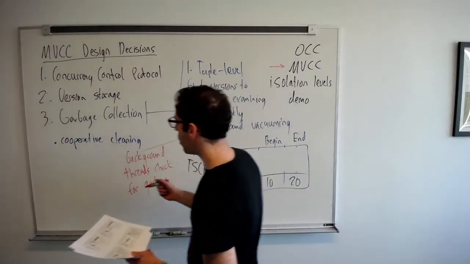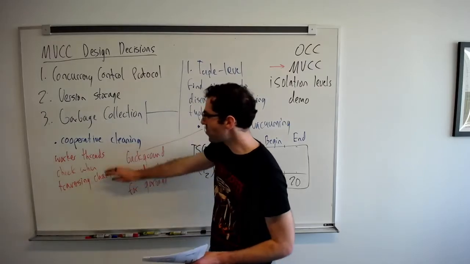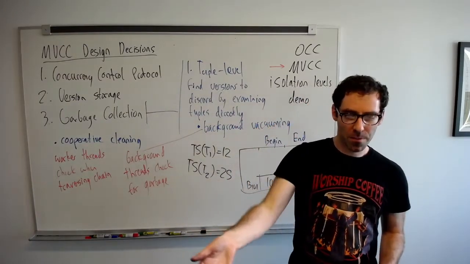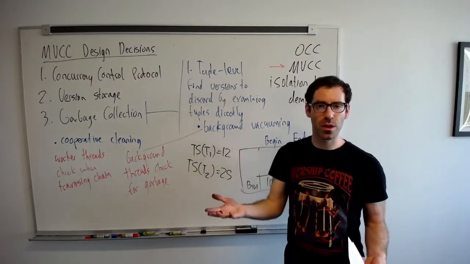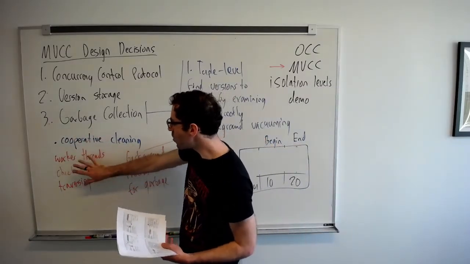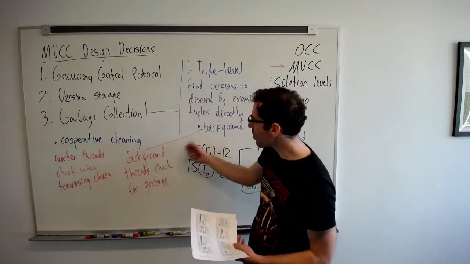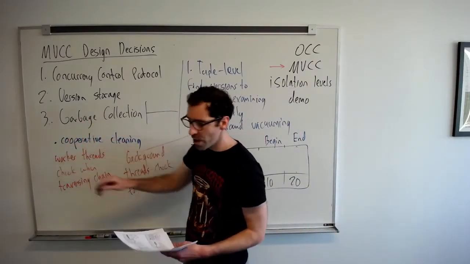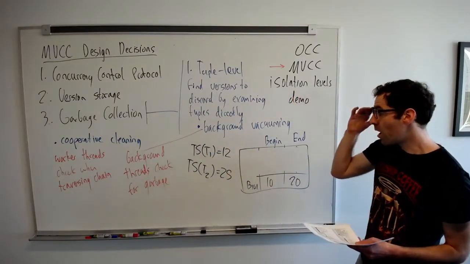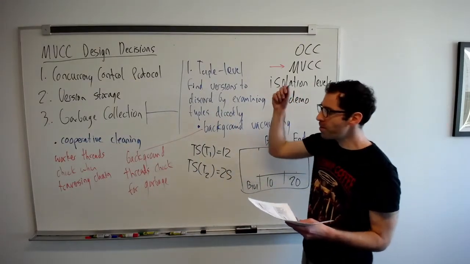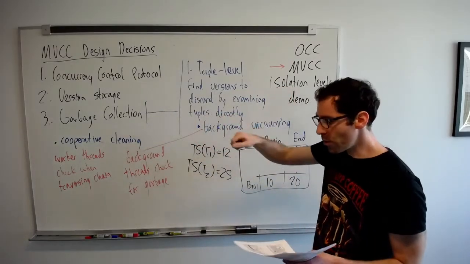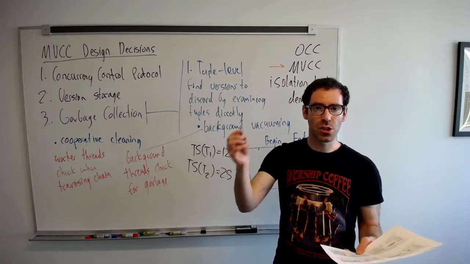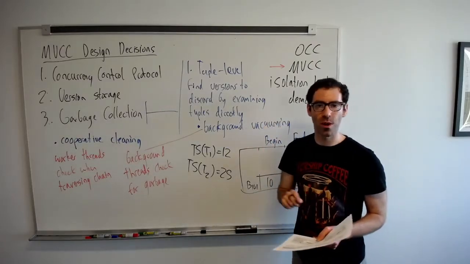This says our worker threads, meaning threads that are part of some transaction, part of some operator that's in the query, are doing other work. In the background approach, threads were specifically for the cleaning process. With cooperative cleaning, when threads doing other work are traversing the version chain, following the pointers through different versions, at that time they will check: do we need to reclaim, can we throw away this particular version?